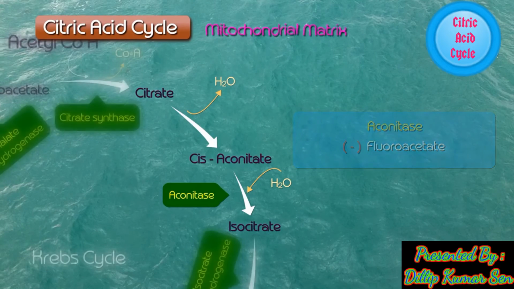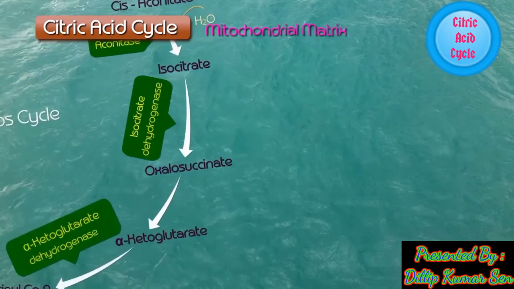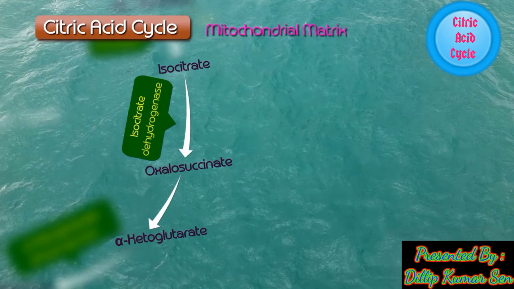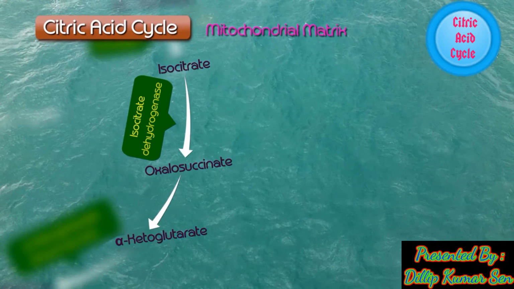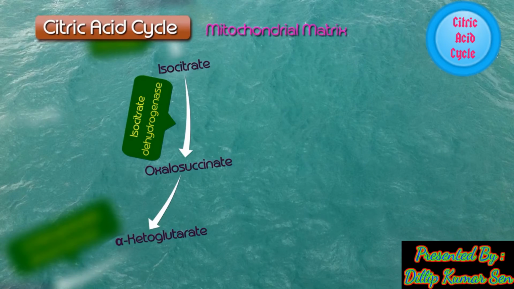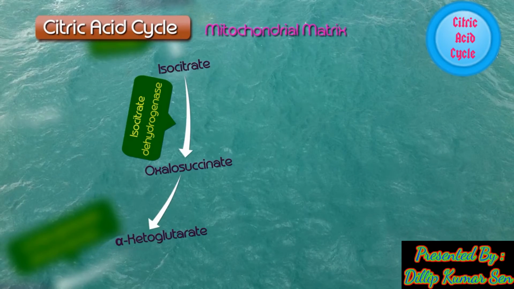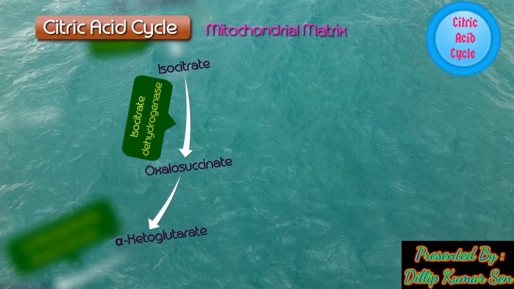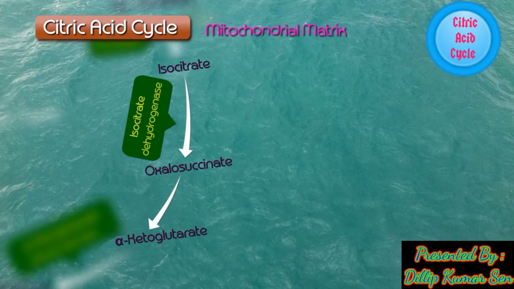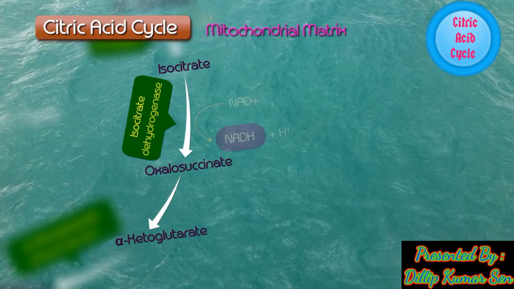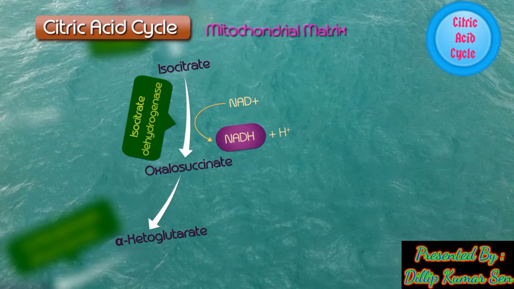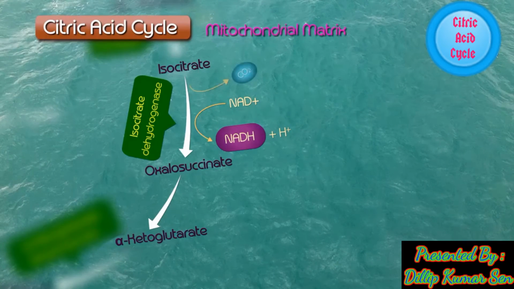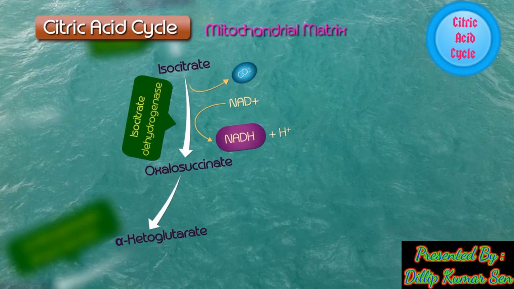And the next is isocitrate dehydrogenase. This enzyme catalyzes the oxidative decarboxylation of isocitrate into alpha ketoglutarate. Here NAD plus is converted into NADH and the first molecule of carbon dioxide is released in the cycle.